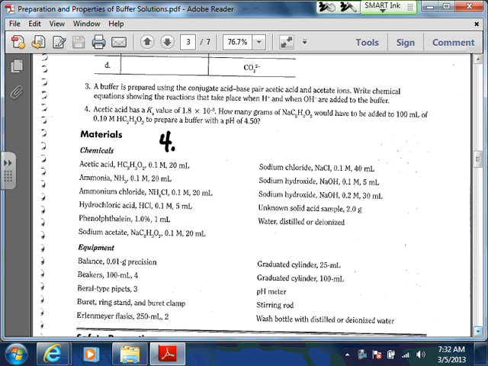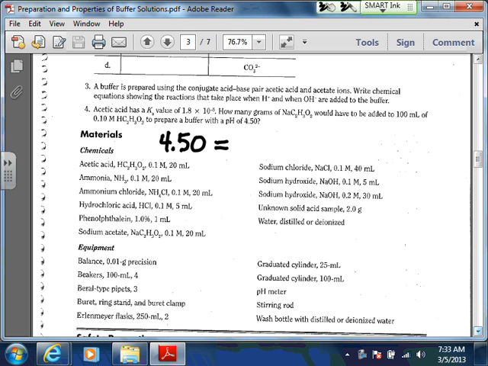It's not too bad if you remember Henderson-Hasselbalch. That's basically what you're plugging into here. So we would just use the formula pH equals pKa plus the log of the base concentration over the acid concentration. The pKa, let me check.